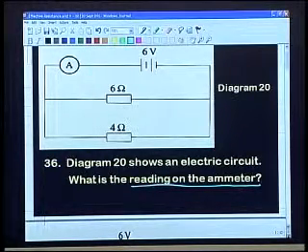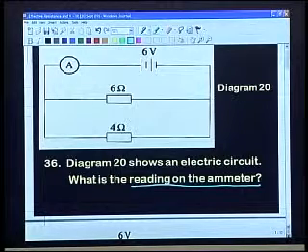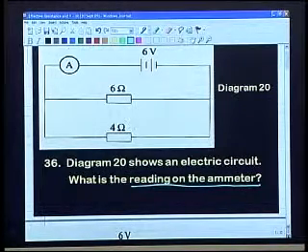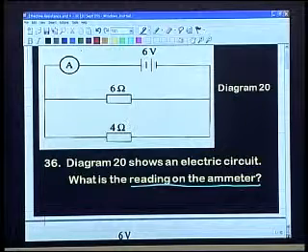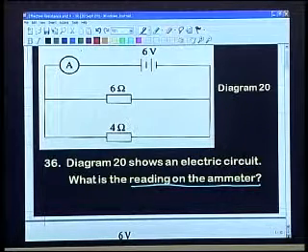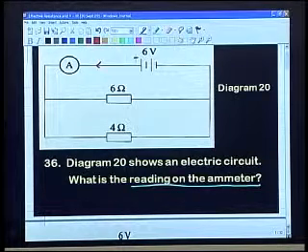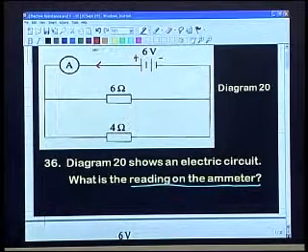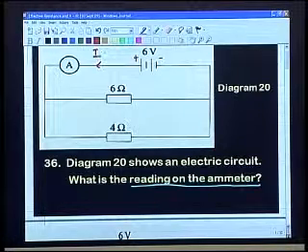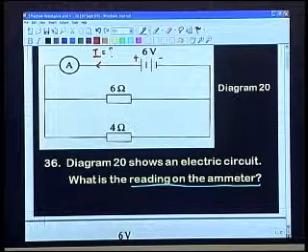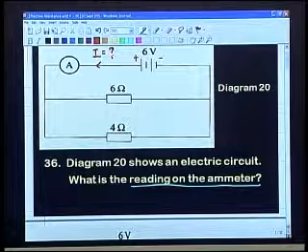The reading on the ammeter means the electric current. So in short, we actually want to calculate what is the current. This is positive here, negative. So we want to know what is the electric current flowing in the circuit?